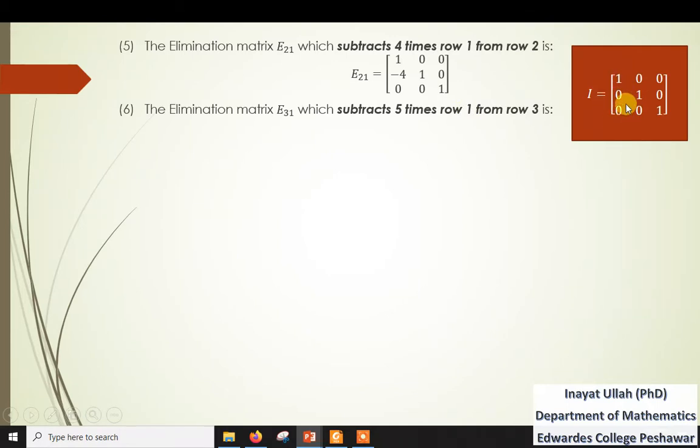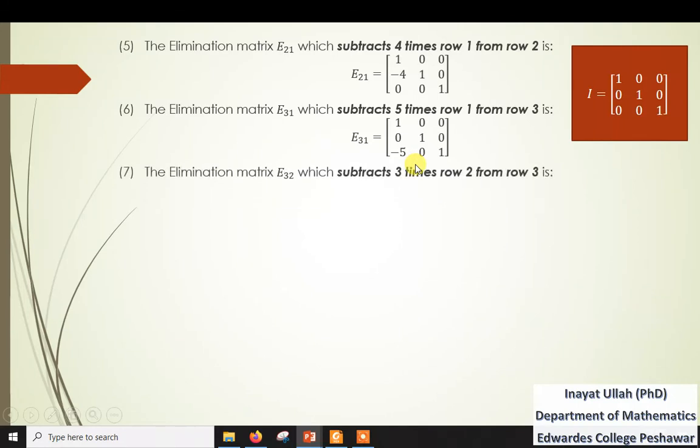So minus 5 will appear in E31. Just look at that: minus 5 appears in row 3 where there is 1 in row 1.